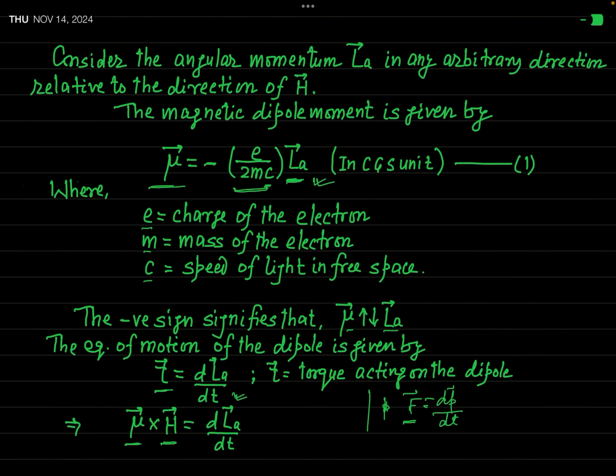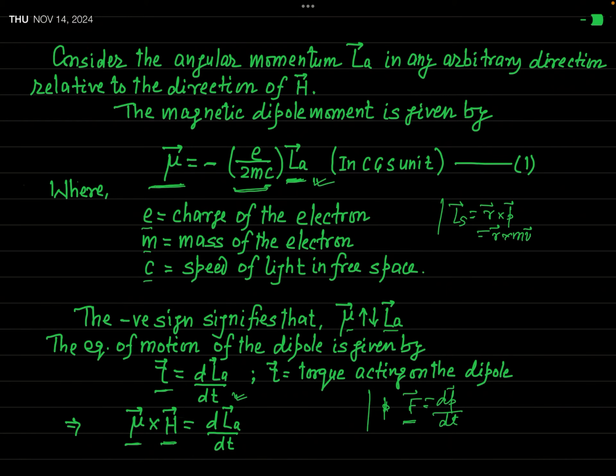That will be found by this relation. You can see that mu is given by this. So in that condition, you will have to find the component of this mu, and for that you have to find the component of this LA. You know that LA, the angular momentum vector, is given by R cross P, and that is equal to R cross MV.